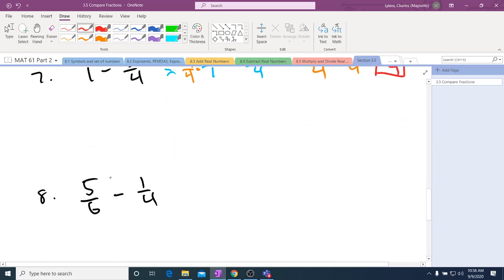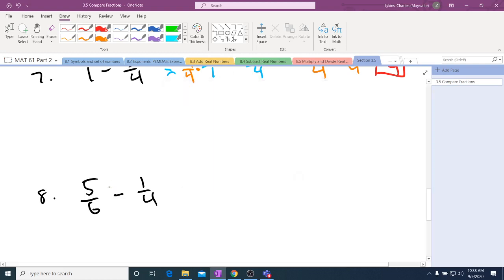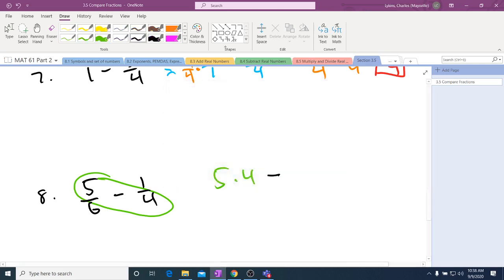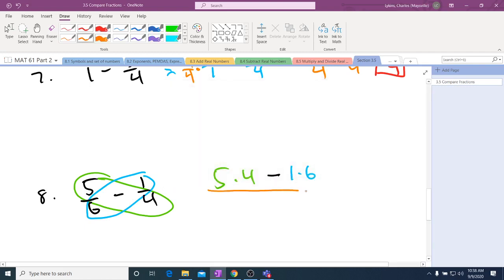This is similar practice from our previous section. So what I'm going to do is I'm going to cross multiply, and I'm going to say, okay, 5 times 4, I've got my minus sign, I've got my 1 times 6, and then my 6 times 4.